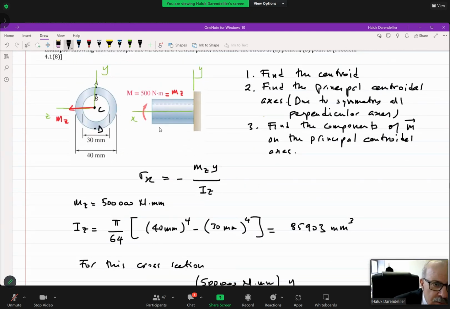Because of this moment mz, in this region all these points are in compression, but in this region all the points are in tension. So the points below the z-axis are in tension, the points above the z-axis are in compression because of the moment. Any question?